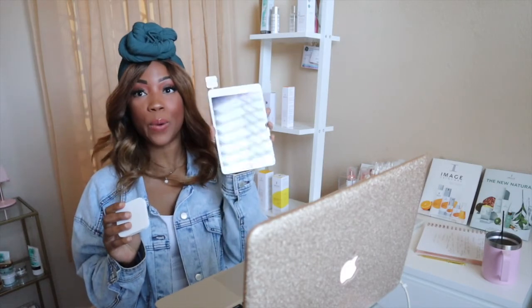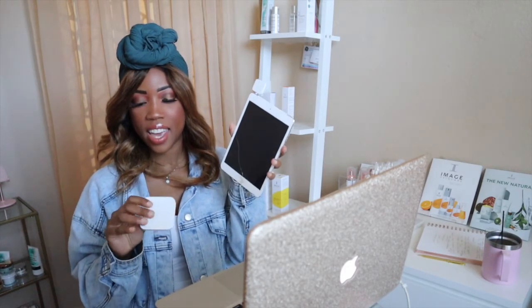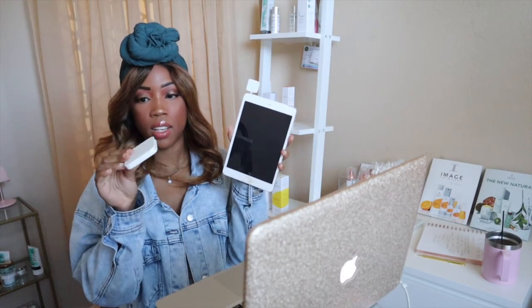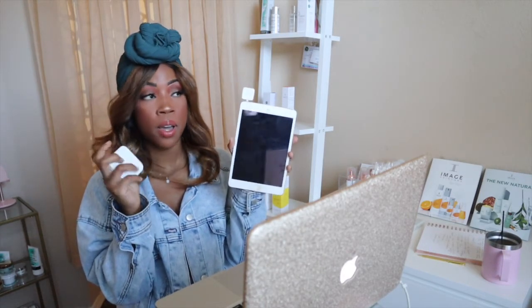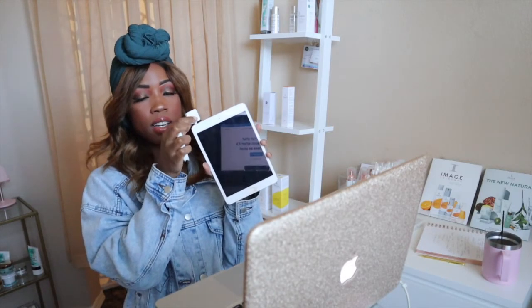And this is what I use to check out my clients. This is an old iPad that I have, and I bought the chip reader, but you get the stripe reader free.